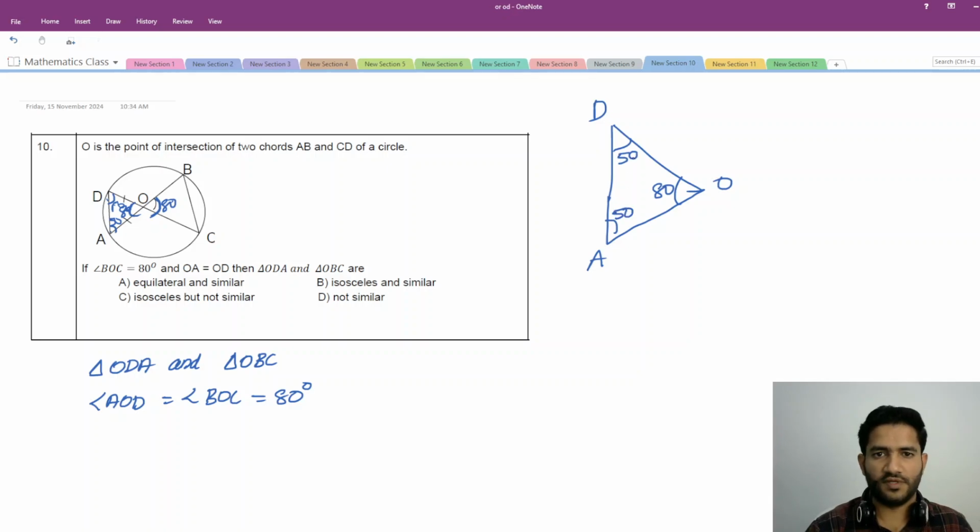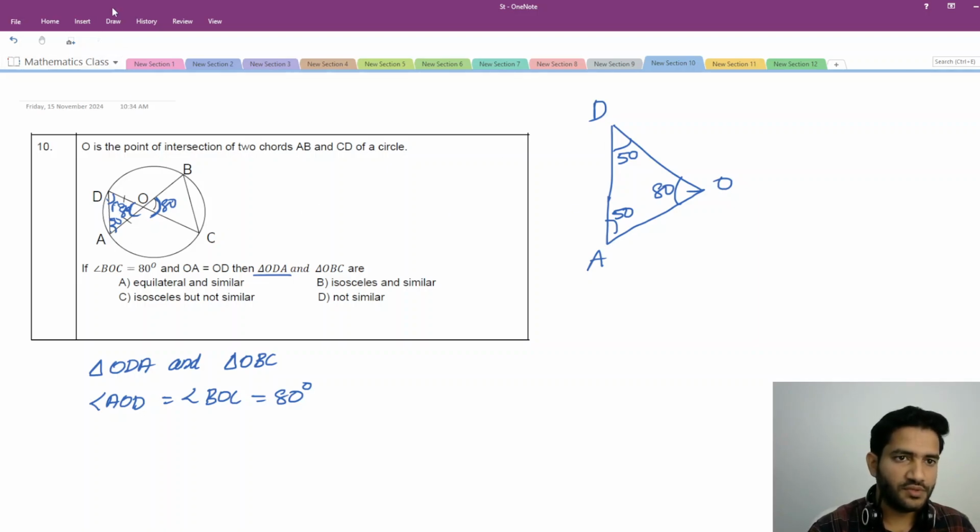So 50, 50. 50 plus 50, 100. 100 plus 80, 180. Now, what's the question here? Are ODA and OBC isosceles or similar? It is isosceles. Which one? ODA. Then what about OBC?